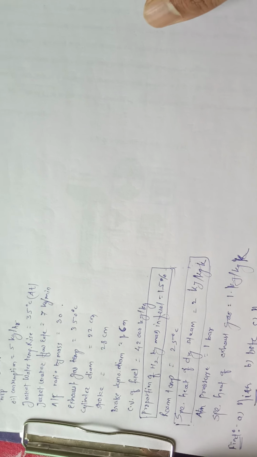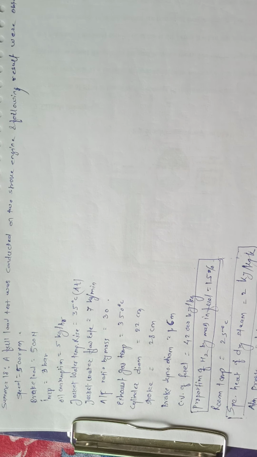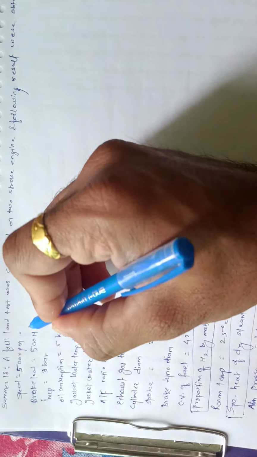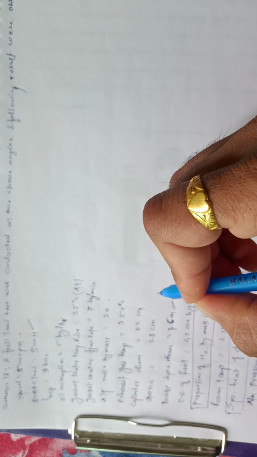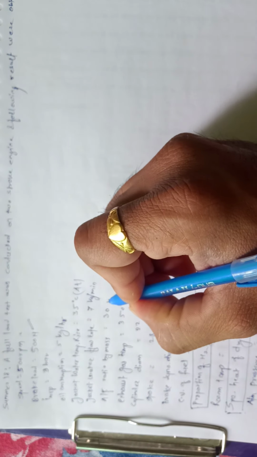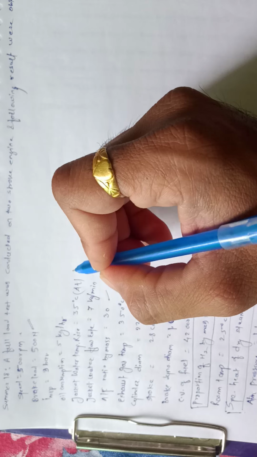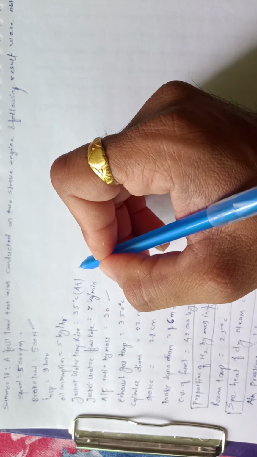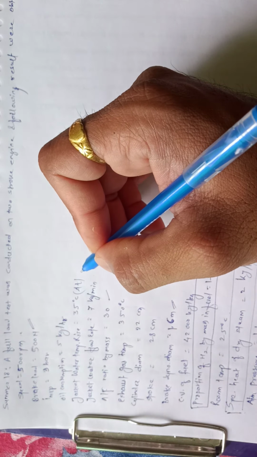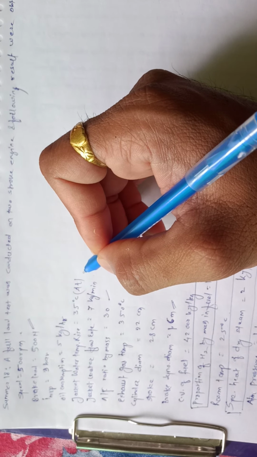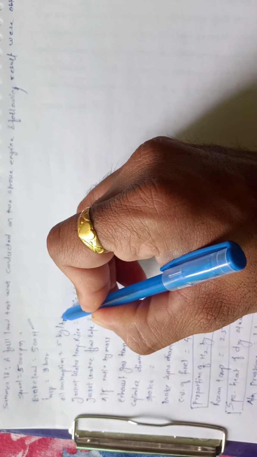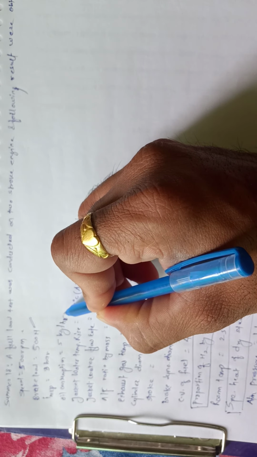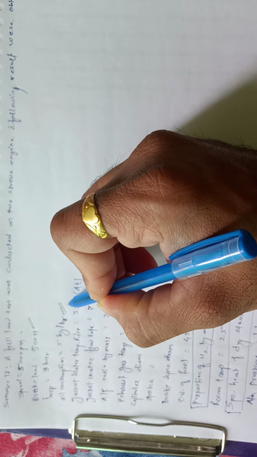So if you analyze this given data, the braking load and the brake dynamometer diameter will give you the brake power. Then the air fuel ratio is given. We can find out the amount of hydrogen present in the 5 kg per hour of fuel which is consumed.